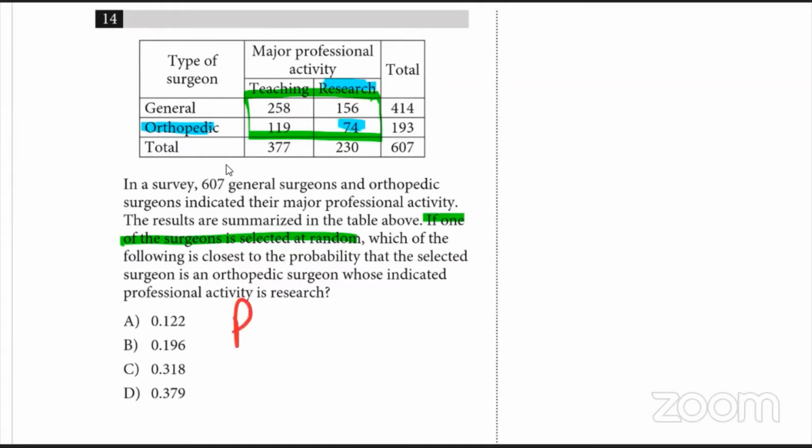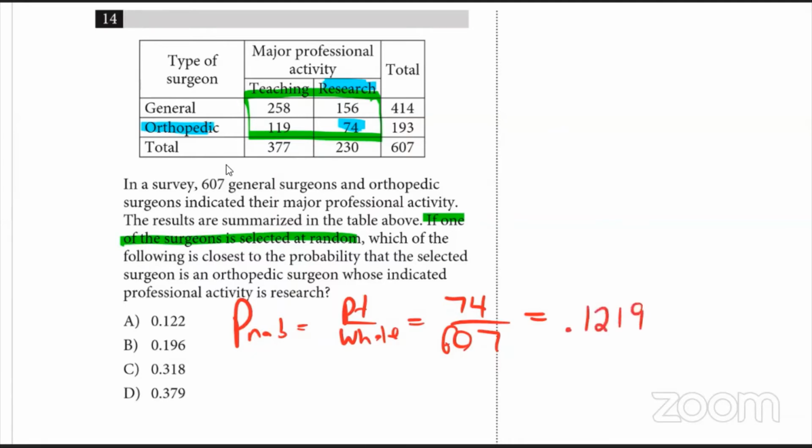So probability is the part over the whole. The part that they're asking us about here is the 74, and the whole is the 607. So we've got 74 divided by 607, which if you divide it on a calculator comes out to 0.1219. And if you round it to 3 decimal places, that would be 0.122. So the answer to number 14 is A.